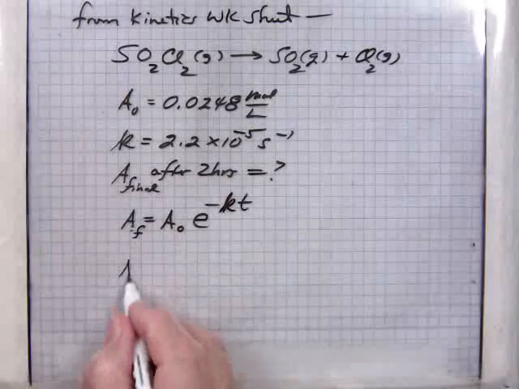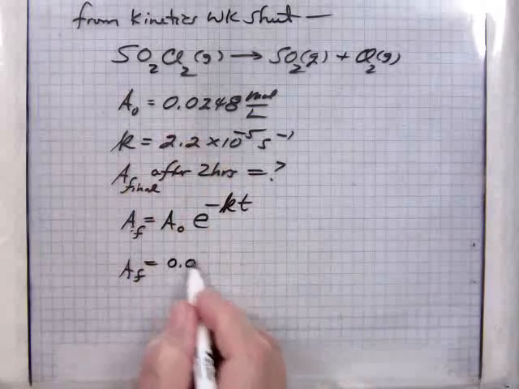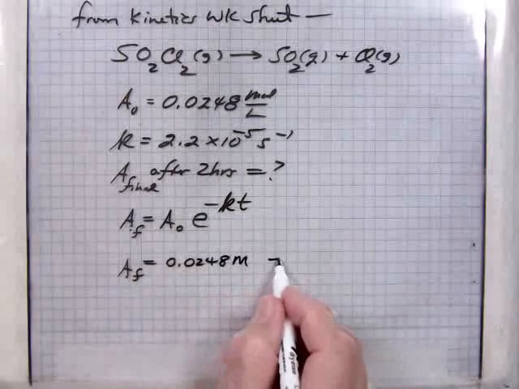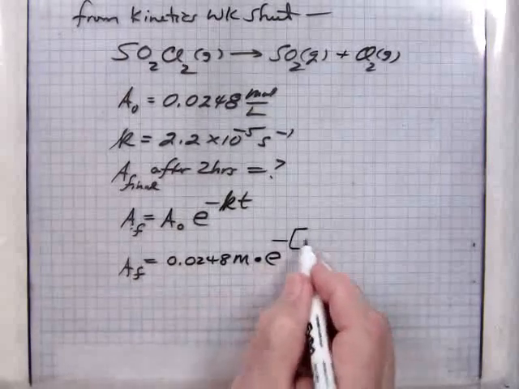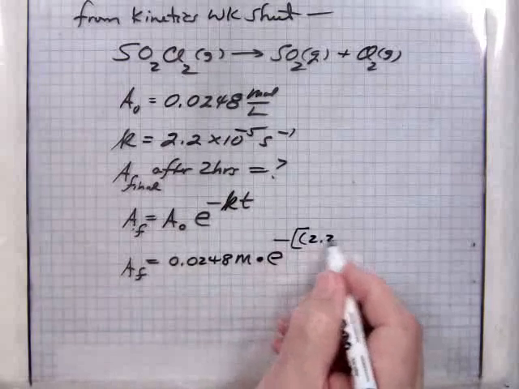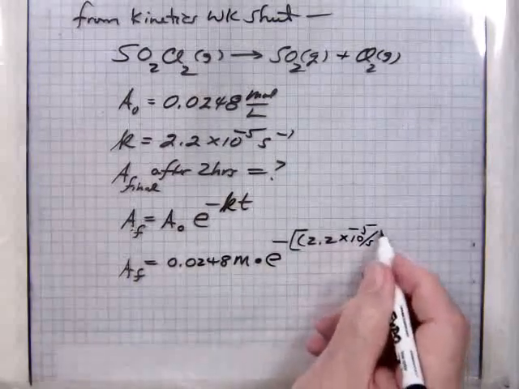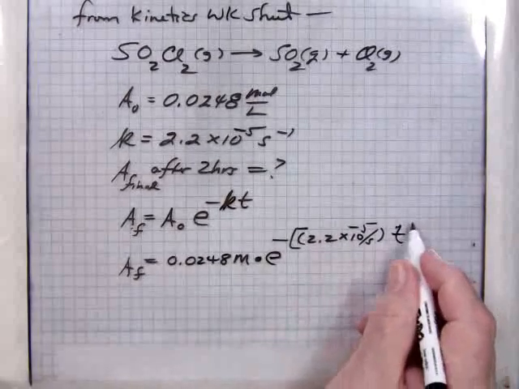So A final is equal to A sub O, 0.0248, I'm going to change that to molar, times e to the minus, I'll bracket this, 2.2 times 10 to the minus 5 per second, and we're looking for t of 2 hours.